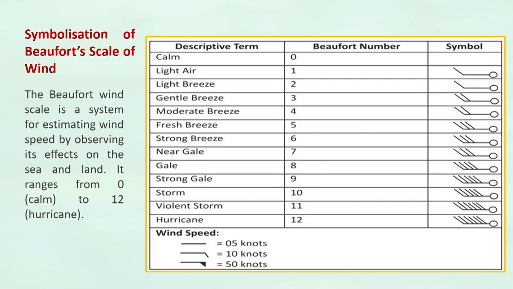Next, the symbolization of the Beaufort scale of wind. A few minutes ago I was saying, what does wind mean? Moving air. Our earth's atmosphere has air, we are inhaling air.